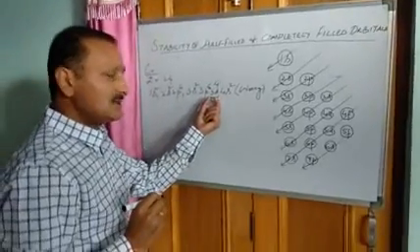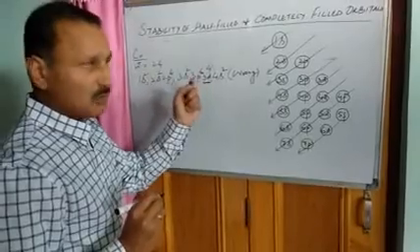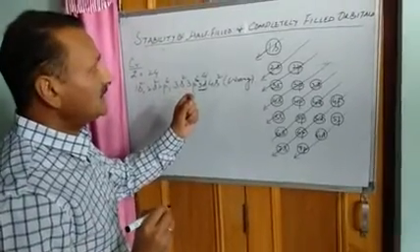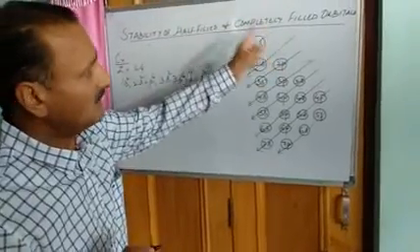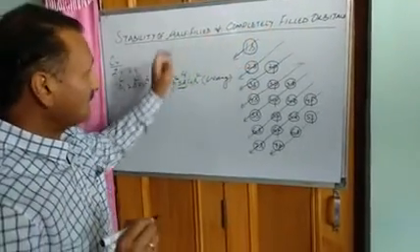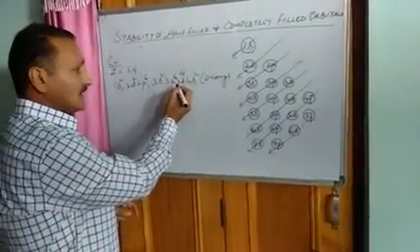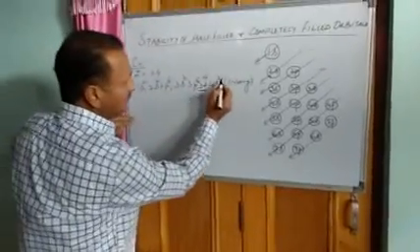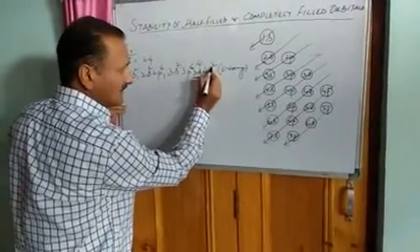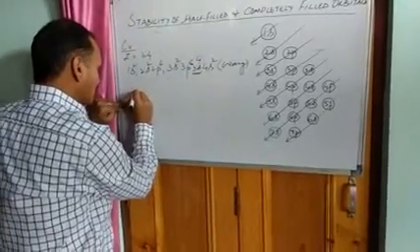Because if it gets half-filled, it becomes more stable. I will come to completely filled later on. But as far as half-filled orbitals are concerned, this is a typical example. So if I take one electron from this and it comes to this, we will get like this.